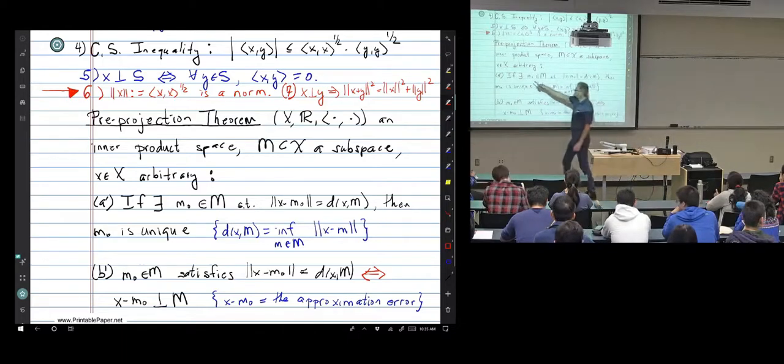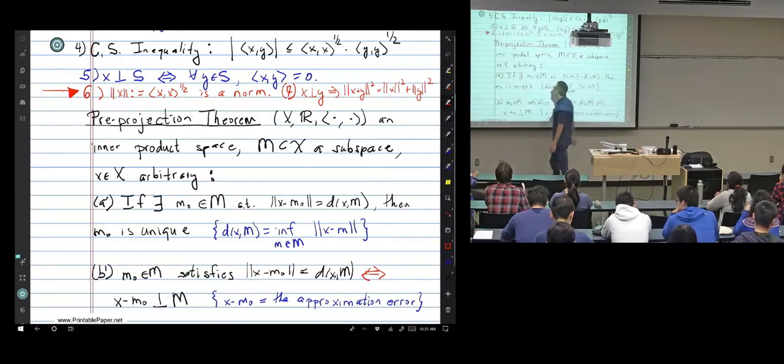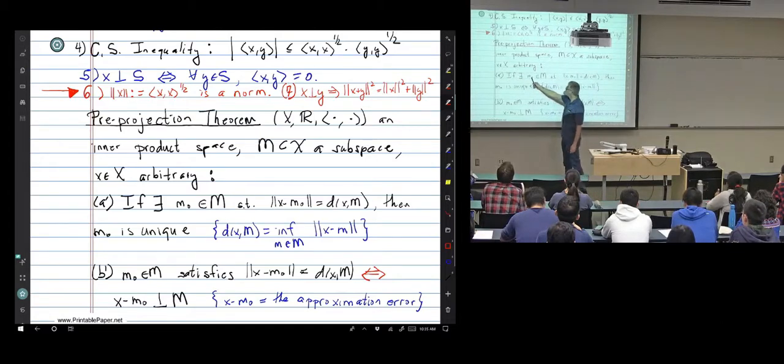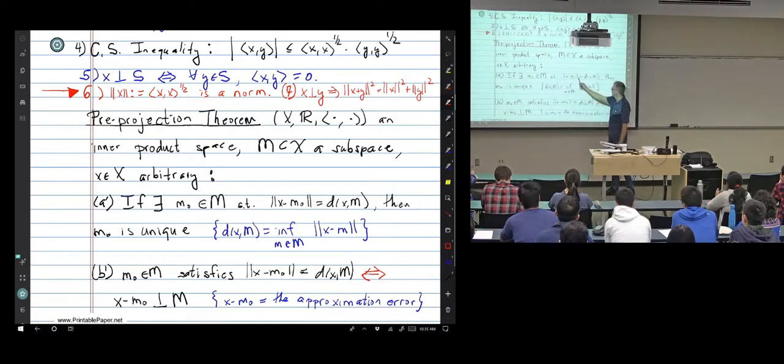So we have a point in an inner product space and a set of approximations, and this set has the property that it's a subspace. And the preprojection theorem says that if there exists a minimizing vector, so that's what this means, we've actually achieved the infimum, if there exists a minimizing vector, it is unique.